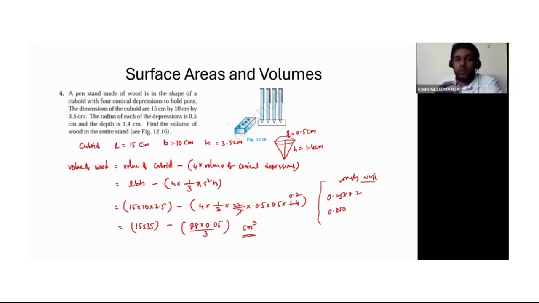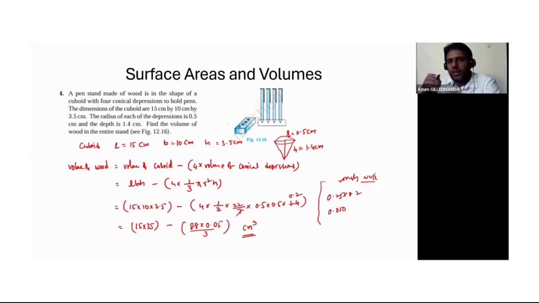See this problem, if we read it, initially we got an impression of how to find that volume. But if you understand and apply our knowledge, it is basically two shapes. The problem is two shapes: one is cuboid, one is cone. The volume of cuboid we know, L into B into H. If it is a cube with side A, it is A into A into A; in place of that, we substitute length into breadth into height.